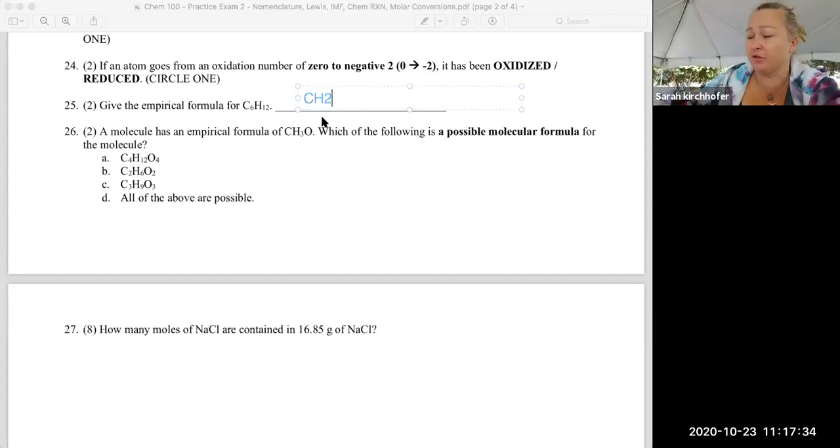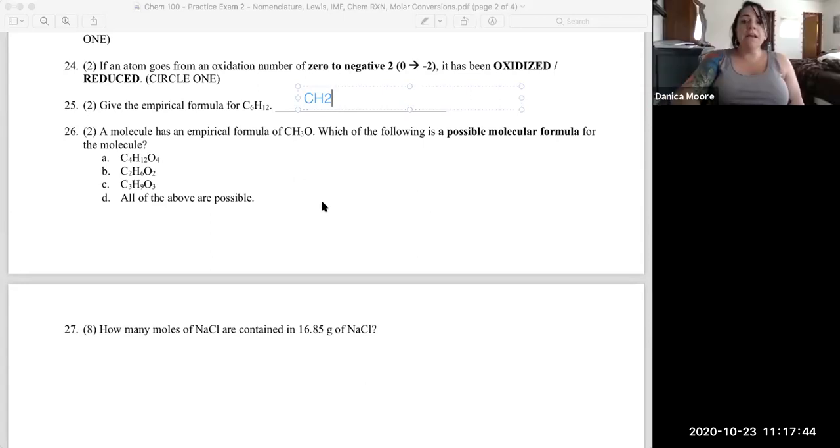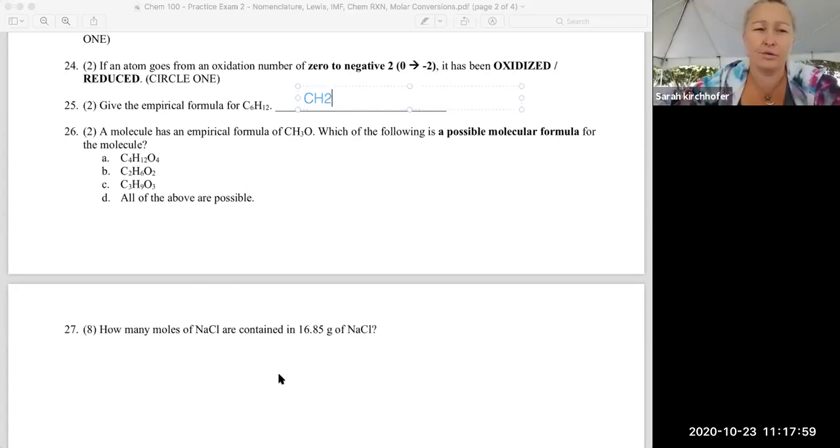But if we were looking for the empirical formula and it was an 8 and a 4, we would always just reduce those numbers to the lowest? Yes. You're just never going to get those higher numbers when you're calculating the empirical formula from the mass percent, because the mass percents by definition are always going to give you the lowest ratio, right? Okay. I'll go through an example of that problem.